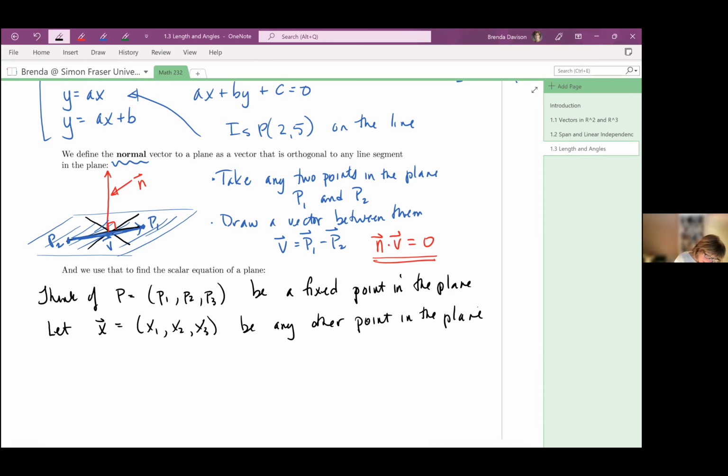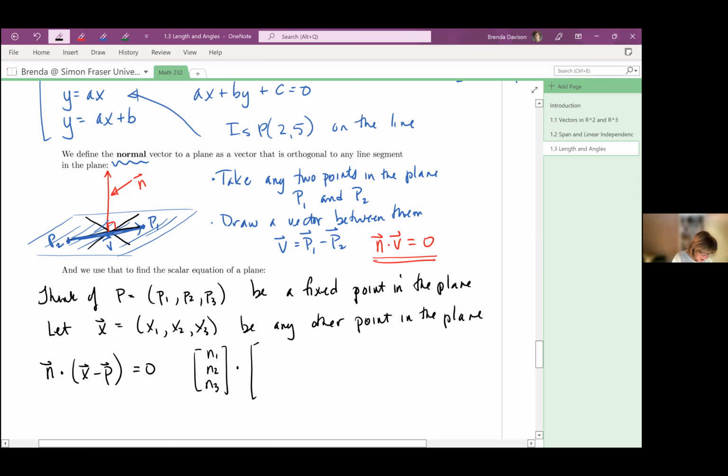Then we know that the normal vector dot X minus P, that's the vector between our point X and our point P, is 0. They are orthogonal. So the vector N1, N2, N3, that is N, dot the vector X1 minus P1, X2 minus P2, and X3 minus P3, that dot product is 0.